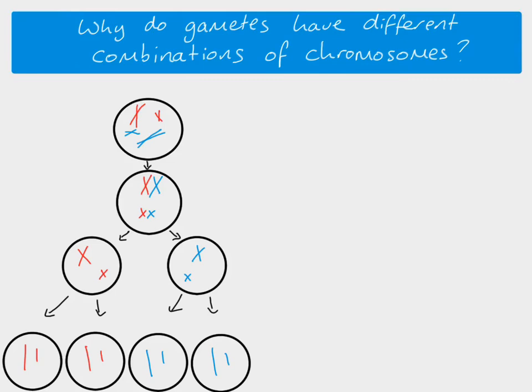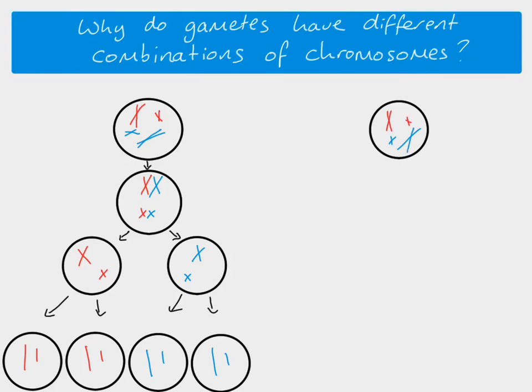But this isn't the only possible way that we could end up with chromosome combinations. If we go back to the beginning, we've got the same cell, the same two pairs of chromosomes. They replicate in exactly the same way.